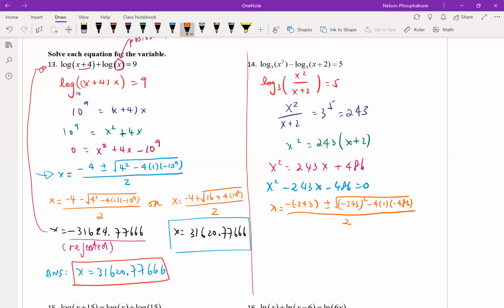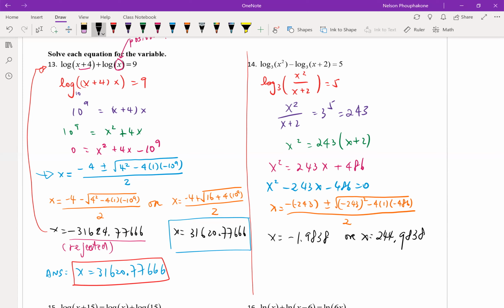Then now, if you use your calculator, you will find out that x is equal to negative 1.9838 or x is equal to 244.9838. Okay.